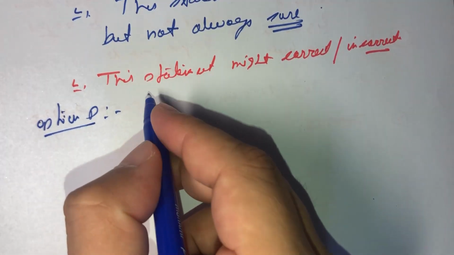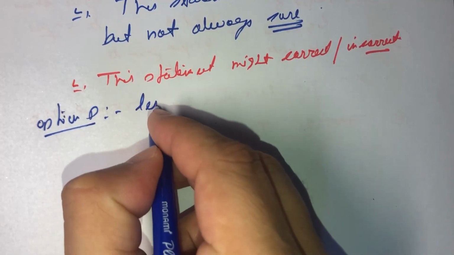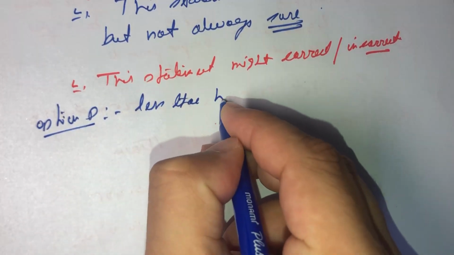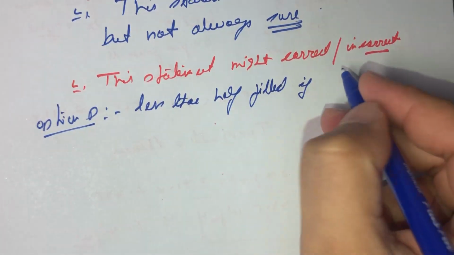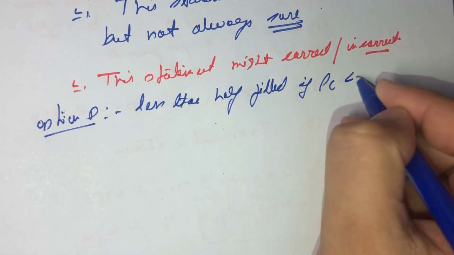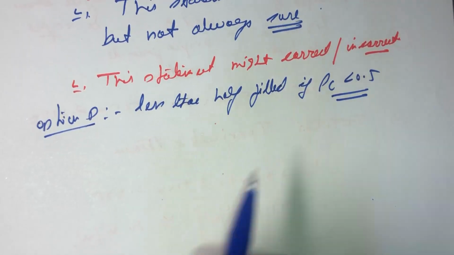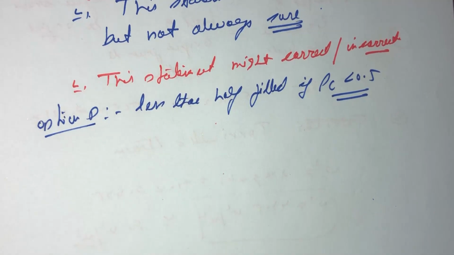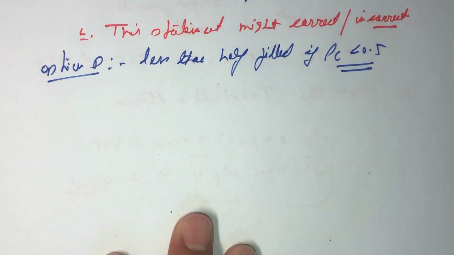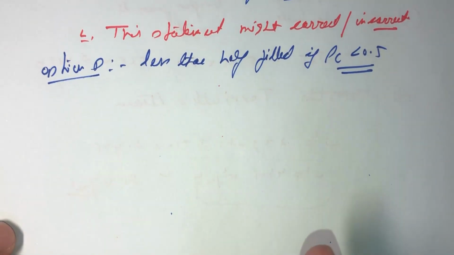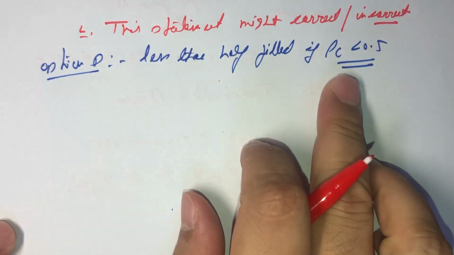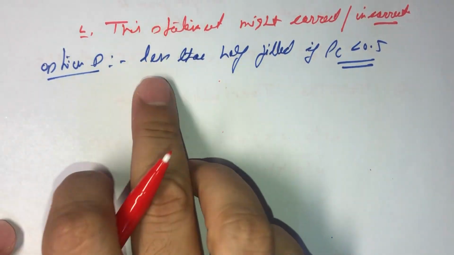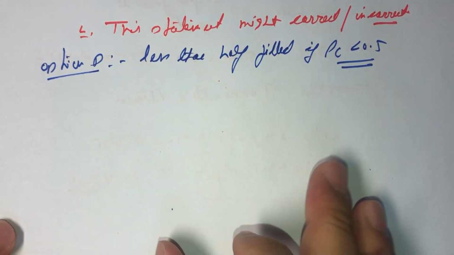It states that less than half filled if rho C is less than 0.5. So this is entirely opposite to statement A. The value of rho C is the same, but the statement given is just opposite.